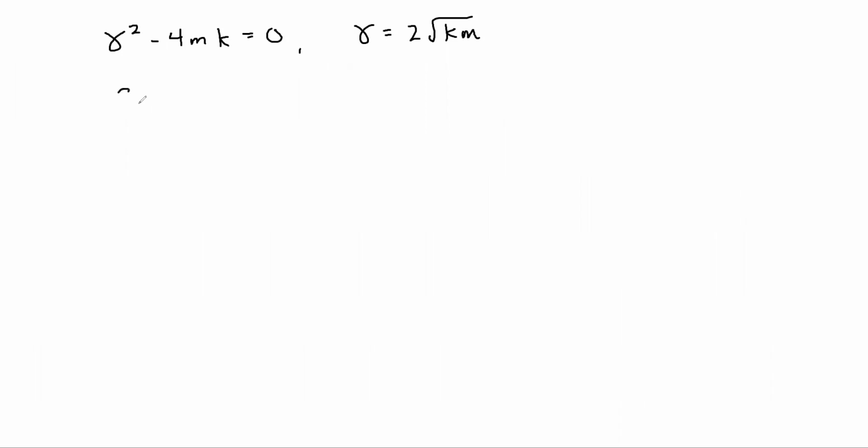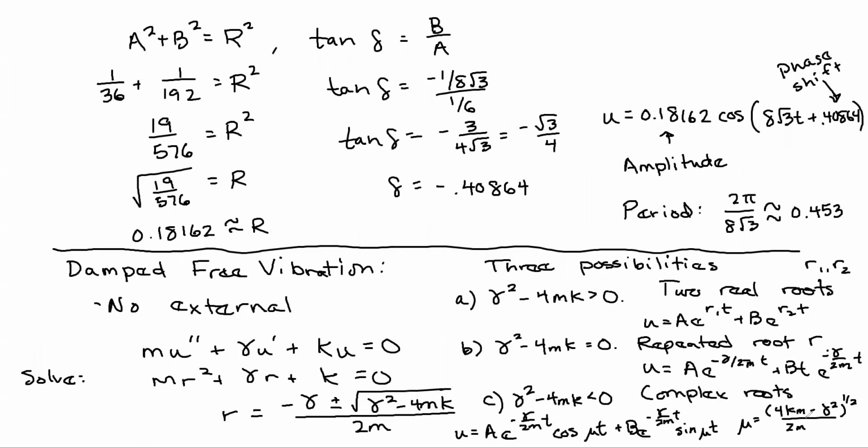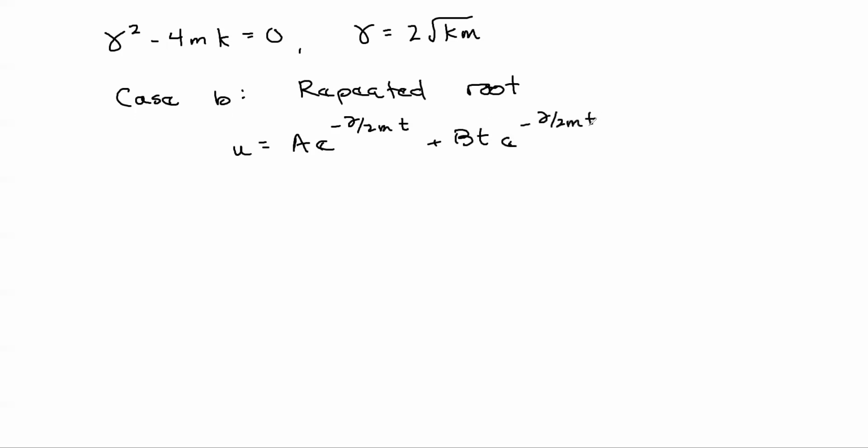case B, which is this case here. This is case B, the repeated root. And so that's u equals A e to the negative gamma over 2m t plus B t e to the negative gamma over 2m t.